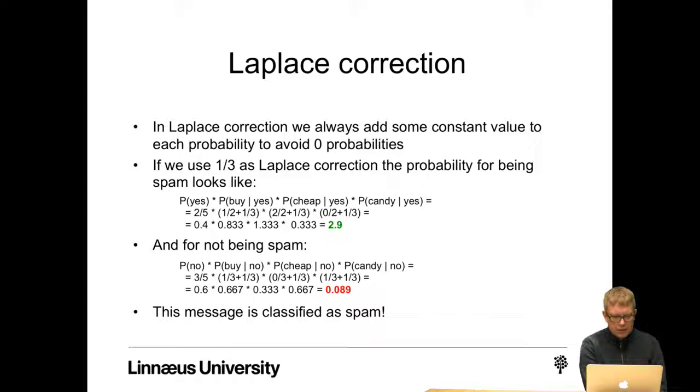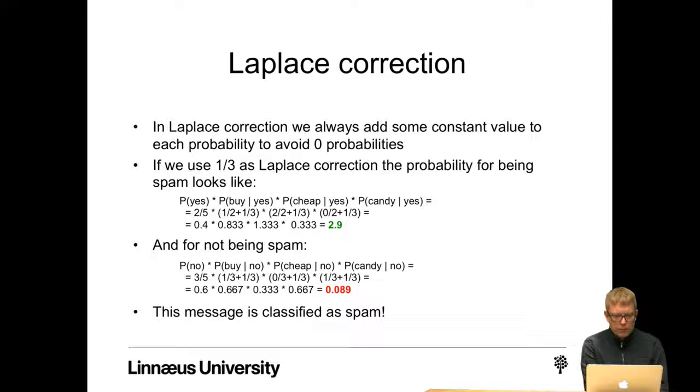We can do the same for this not being spam. That's probability of no, multiply probability of the word buy given no, multiply the probability of word cheap given no, multiply the probability of word candy given no. And we just take the numbers. 3 out of 5 examples are in the no category.